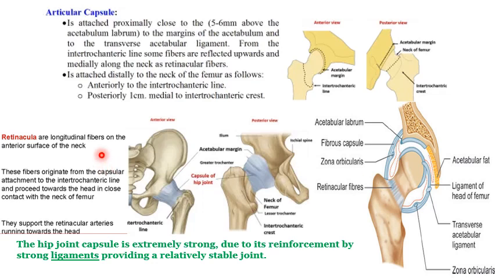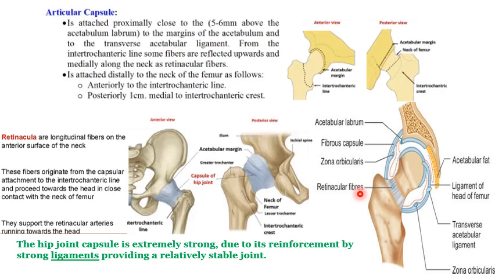They are the longitudinal fibers on the anterior surface of the neck. This capsule has two types of fibers, inner circular fibers and outer longitudinal fibers. These outer longitudinal fibers reflect from the intertrochanteric line onto the anterior surface of the neck of the femur as retinacular fibers.